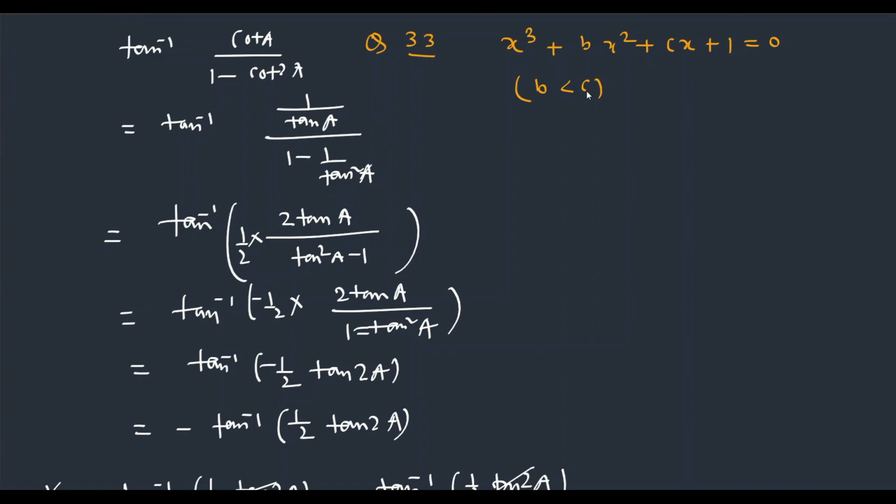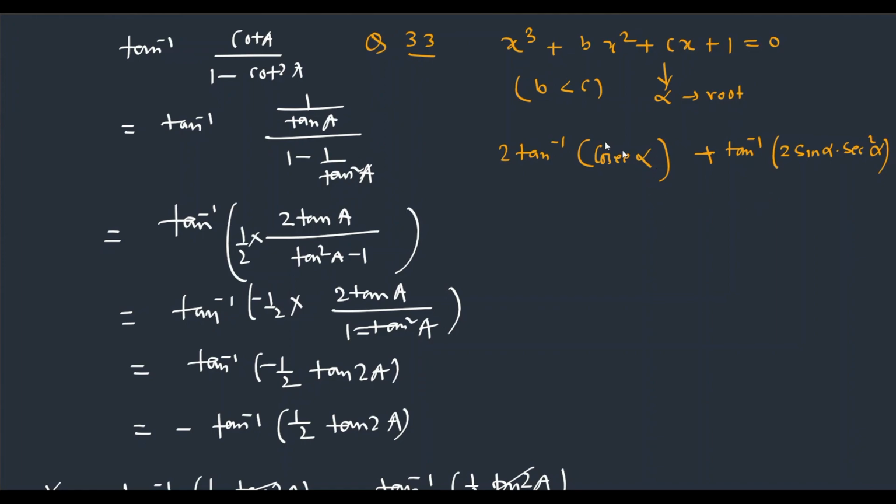If the equation has one real root alpha, then we have to calculate the value of the expression 2 tan inverse cosec alpha plus tan inverse 2 sin alpha into sec square alpha.